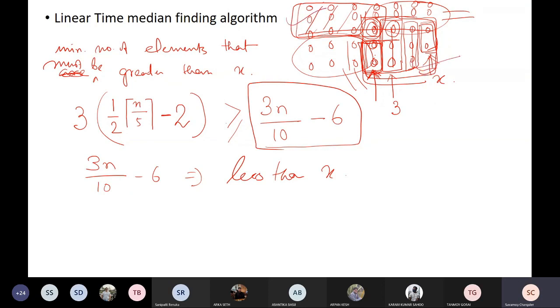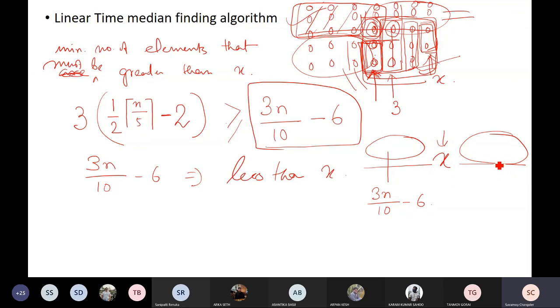So if we place x such that the left partition contains elements less than x and the right partition contains elements greater than x, then this group contains 3n by 10 minus 6.